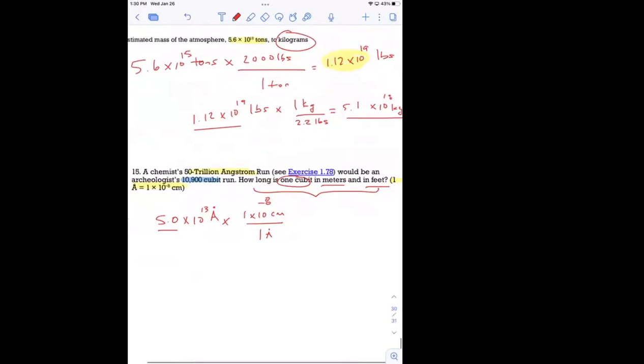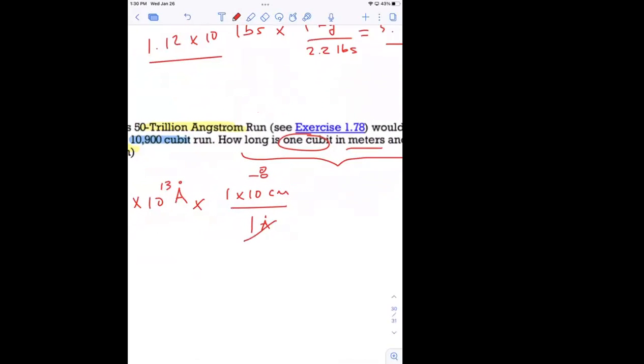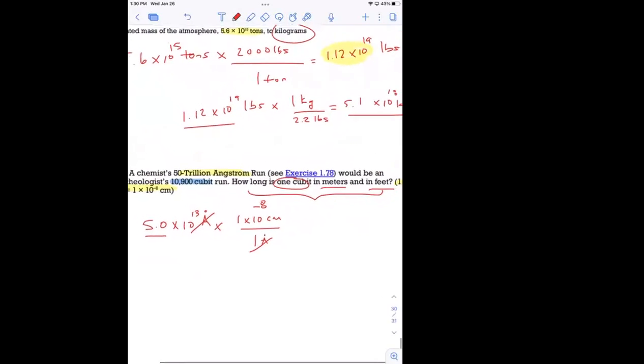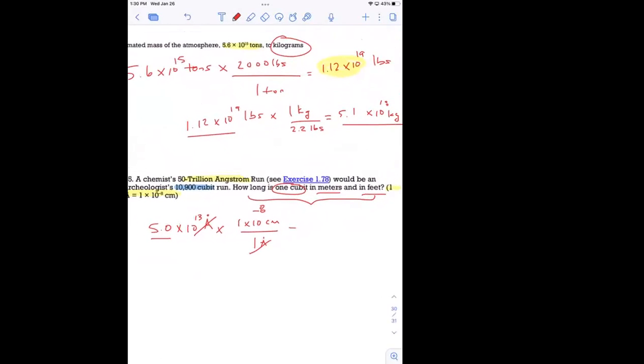Questions about that? All right, that's our conversion. 1 angstrom is 1 times 10 to the minus 8 centimeters. So we're going to convert angstroms into centimeters. So let's convert that. All right, what do we get?